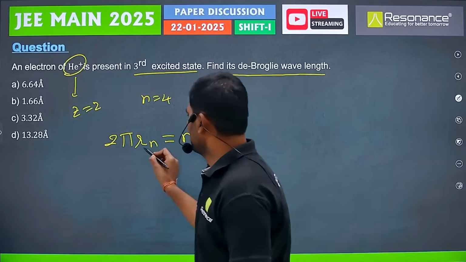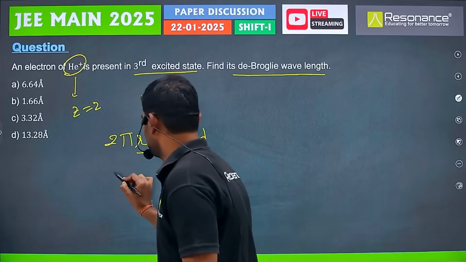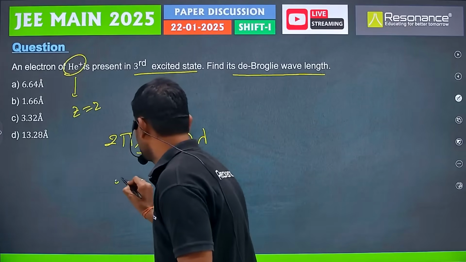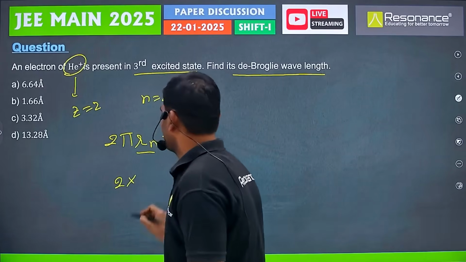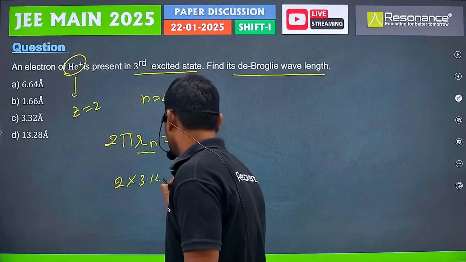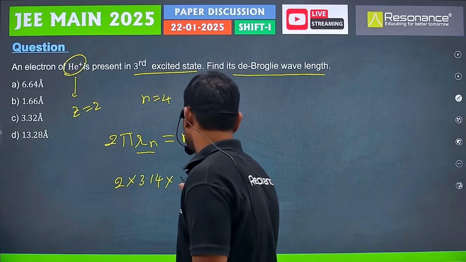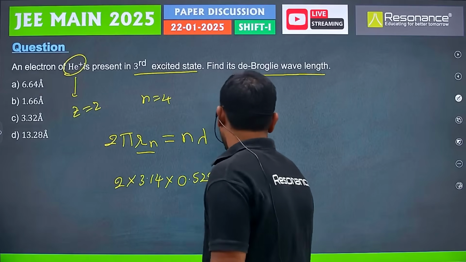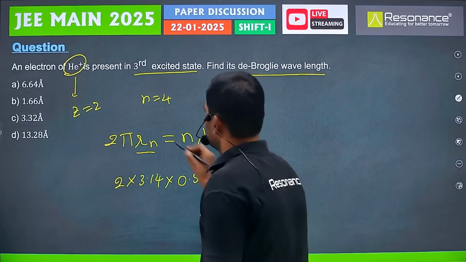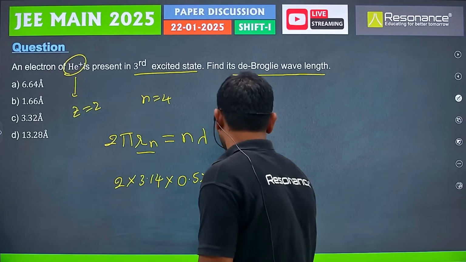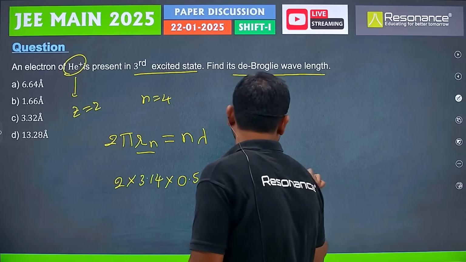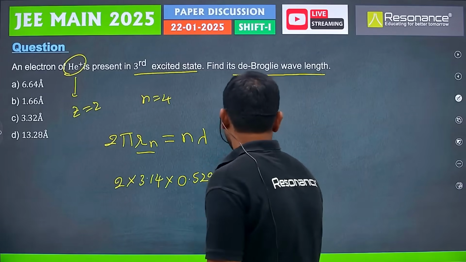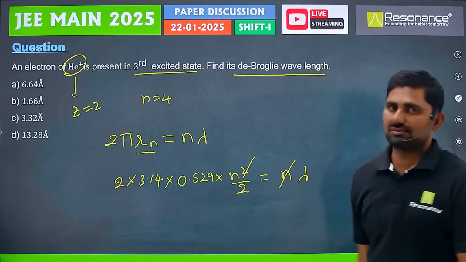So Rn is the nth orbit radius. So 2 into pi, 3.14, into Rn equal to 0.529 into n square by Z. What is the Z value here for helium? 2. Equal to n lambda. So n and square you can cancel. What is the n value? 4.